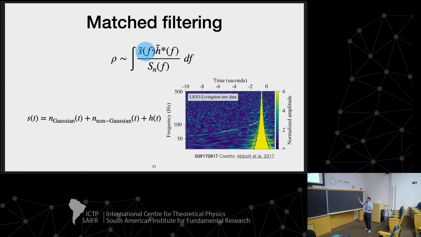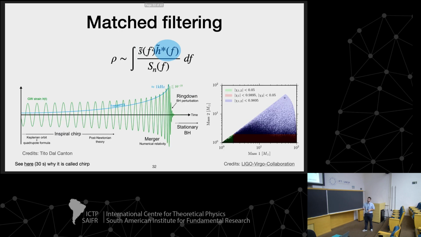So in this case, it was pretty clear that the glitch was removed. Sometimes the glitch cannot be removed, or it's very difficult to do that. Or probably even worse, you might have a gravitational wave signal that looks like glitches. So this is the non-Gaussian part of the noise.